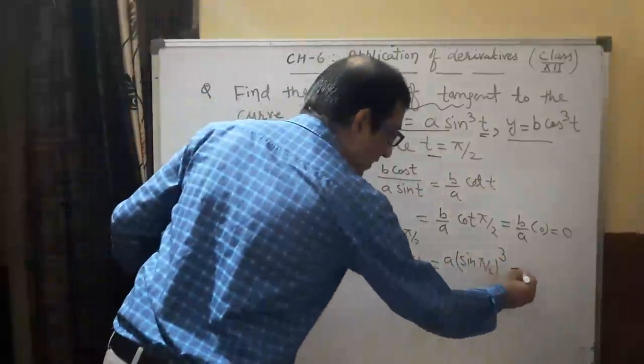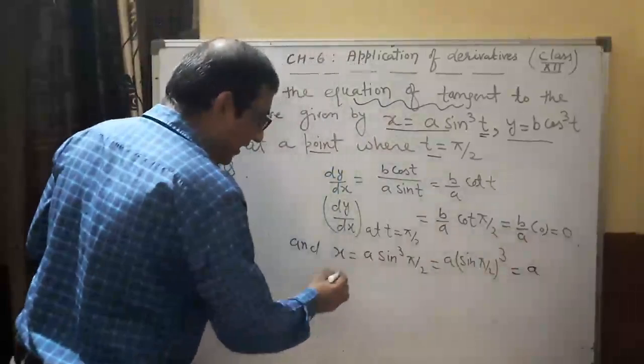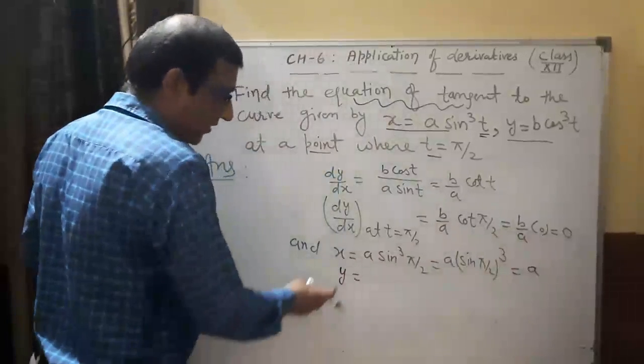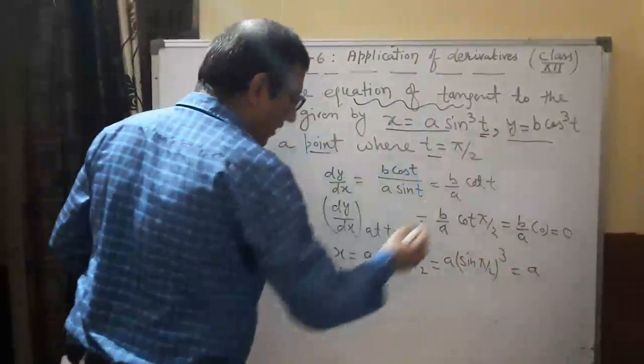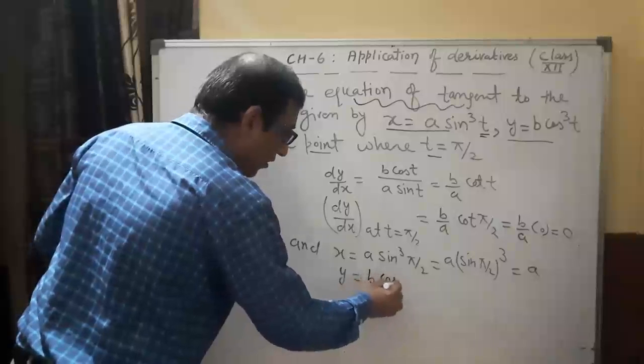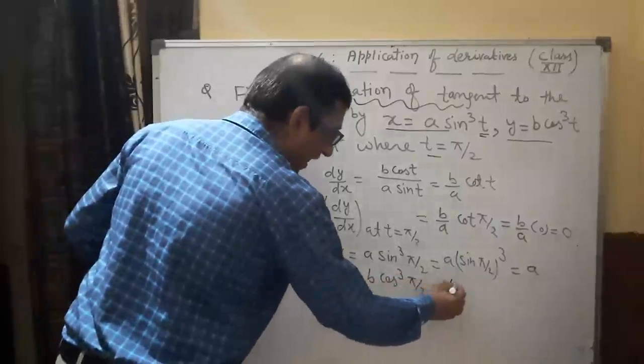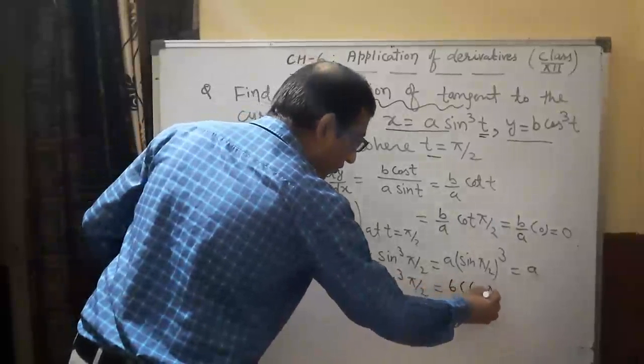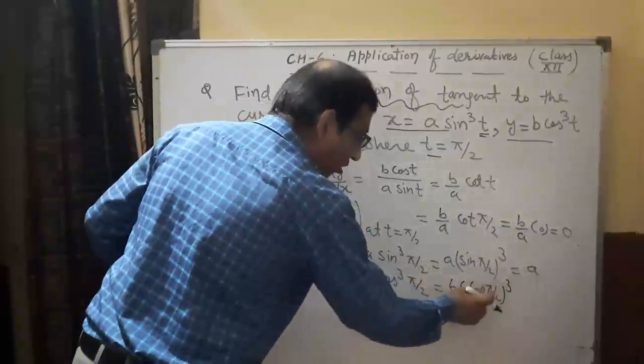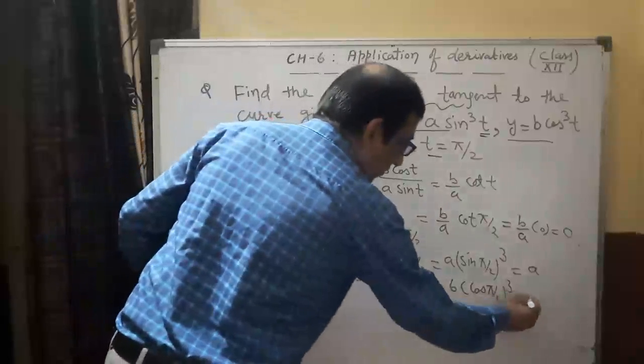So we get the value of x as a, and what is the value of y? We will calculate from here. b cos cube, put the value of t, that is pi by 2, and it can be written as b whole cube of cos pi by 2. Cos pi by 2 is 0, so it becomes 0.